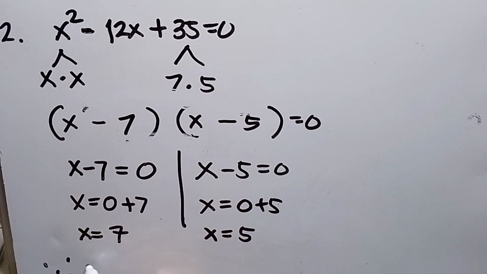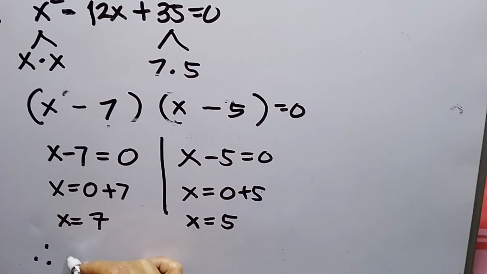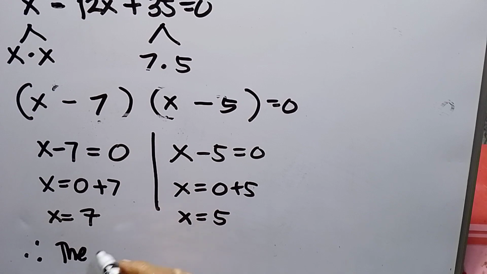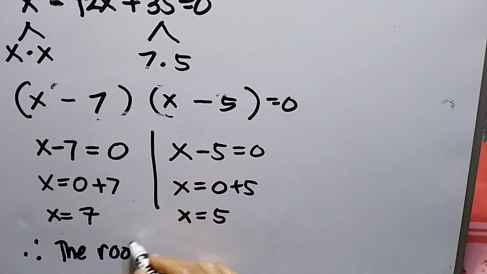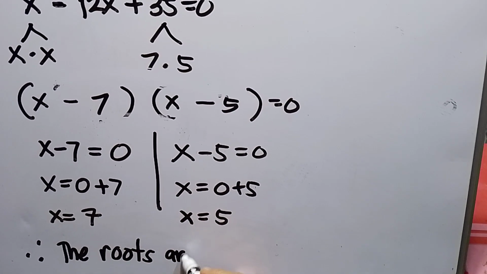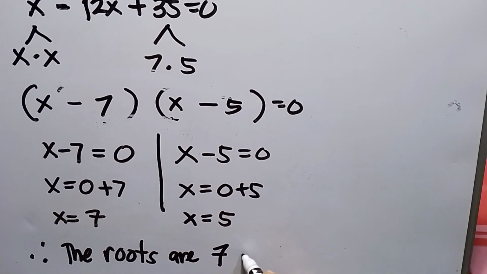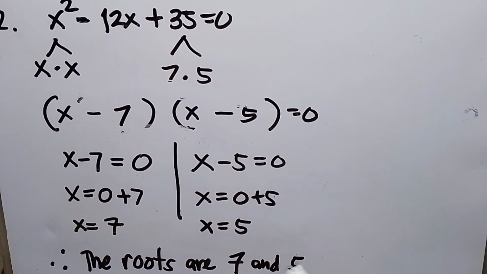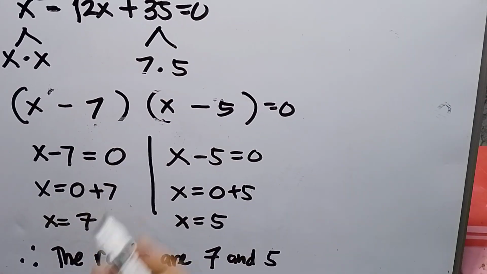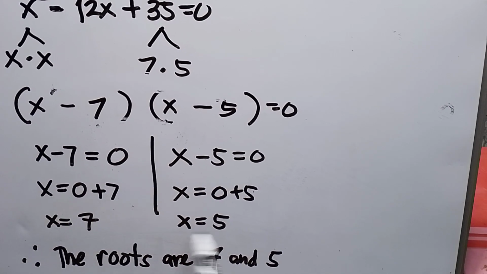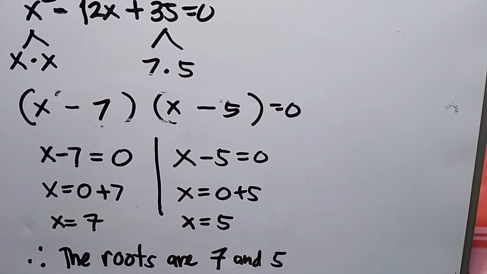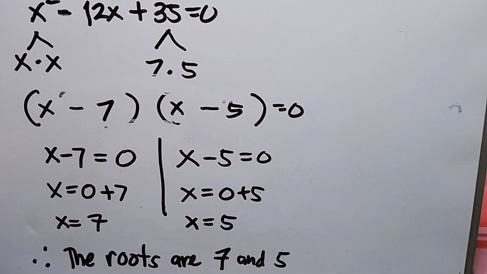So therefore, the roots or the solution set, the roots are 7 and 5. If you check this one, I'm sure that these factors are correct, or the roots are 7 and 5. Now let's proceed to number 3.